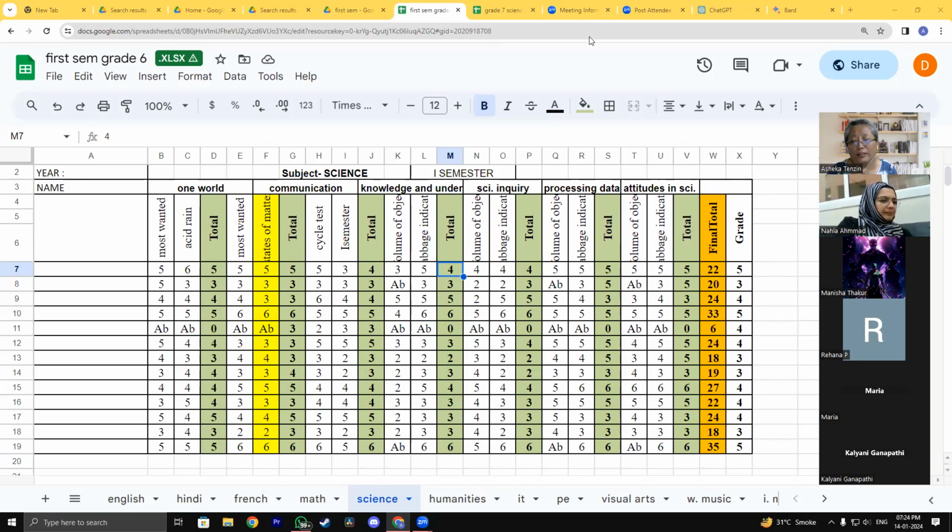You'll have to look at the MYP principles into practice to see the grade boundary. Do you have the grade boundary?